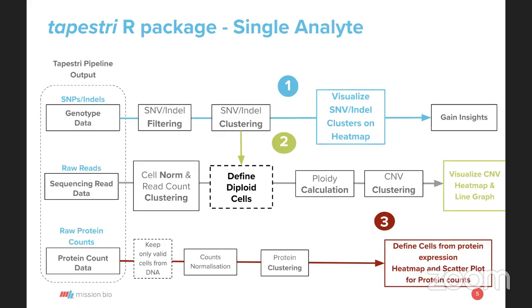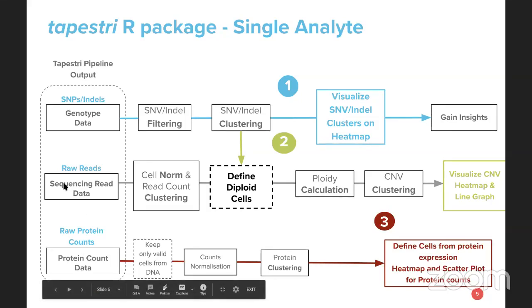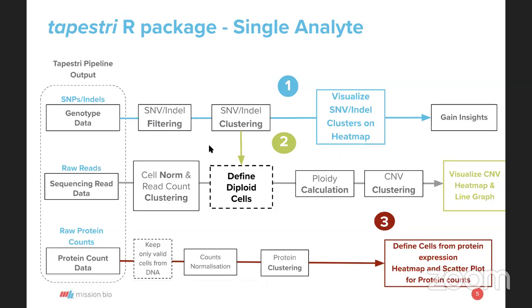This is a bit of a rich slide, but I want to emphasize the three outputs coming out of the Tapestry pipeline and how we process each analyte separately in the R package. The first output of the pipeline is the genotype data, which is, per cell, whether the mutation is heterozygous, homozygous, or wild type.